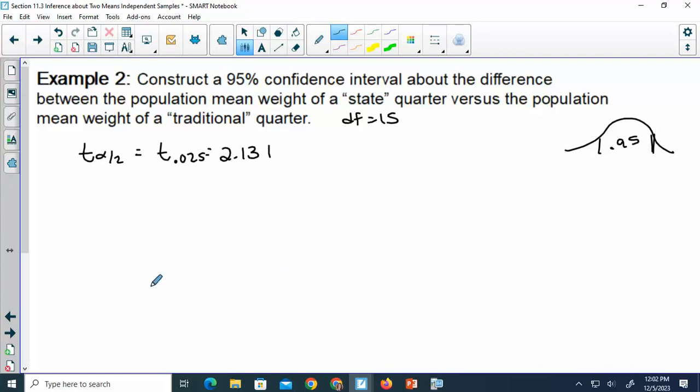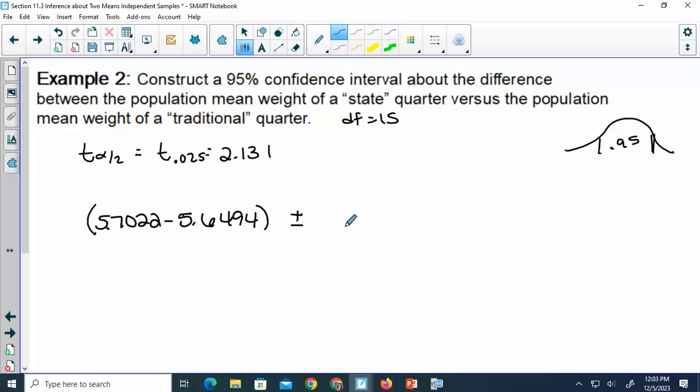So if we were doing it by hand, from either your formula sheet or that piece in your notes, we have to do the mean of the first minus the mean of the second. So the mean of our state quarters was 5.7022. The mean of the traditional quarters, 5.6494.